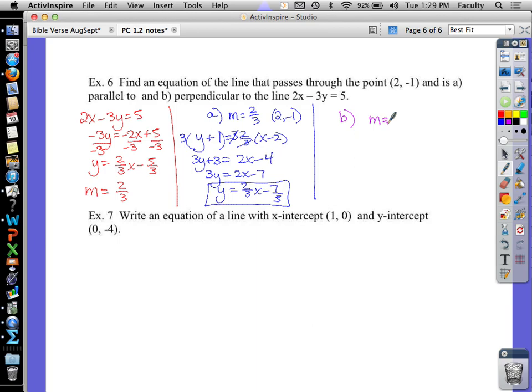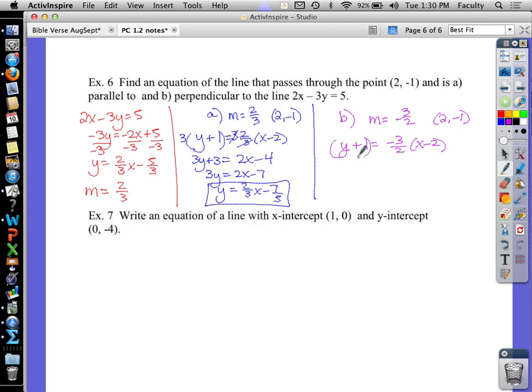In letter B, if I want it perpendicular, what would be the slope? John, what would be the slope if it's 2/3? What's a perpendicular slope? Good job. It's the opposite reciprocal. So this becomes y plus 1 equals -3/2 times (x minus 2). It's the same point.